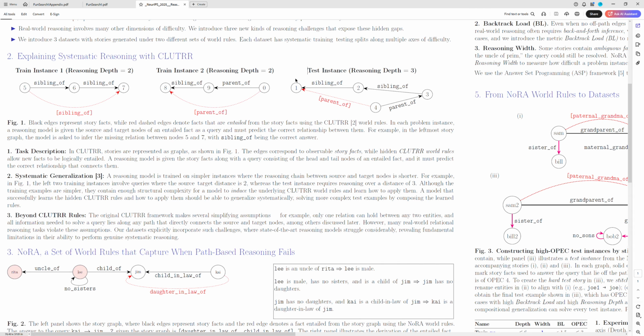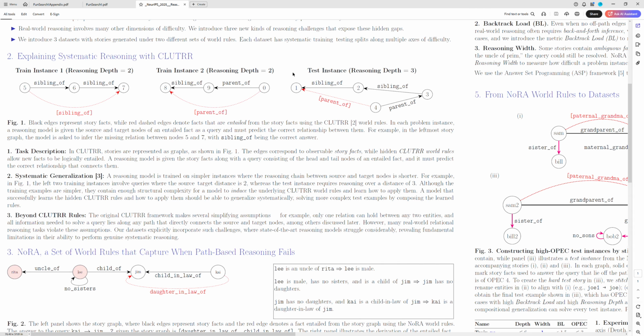The number of reasoning steps here was 2, and the length of the path between the source and the target is 3. So always the number of reasoning steps is 1 less than the length of the path between the source and the target. That's what I mean by linear, and this is a property that's true about all CLUTTR problem instances.